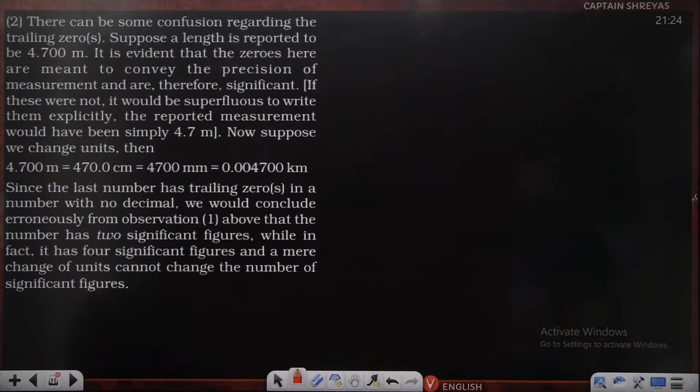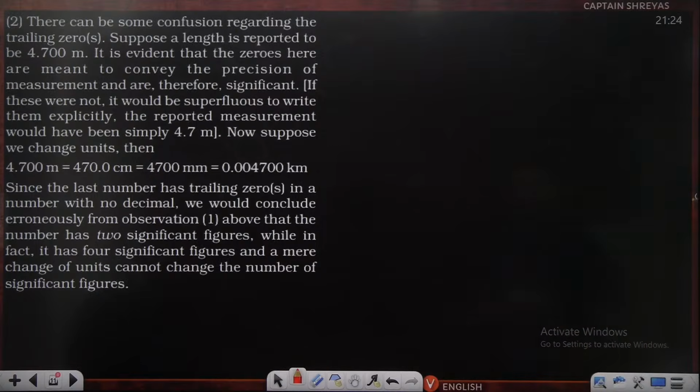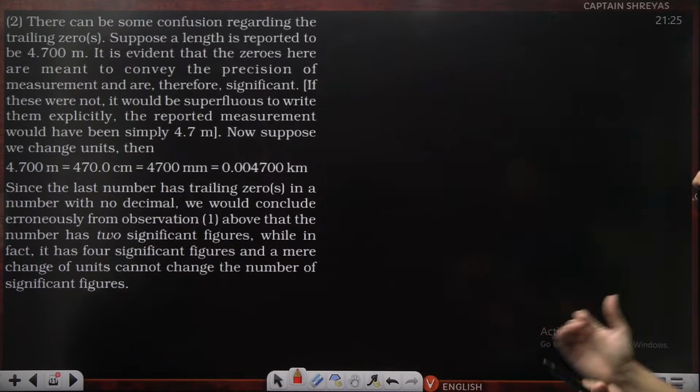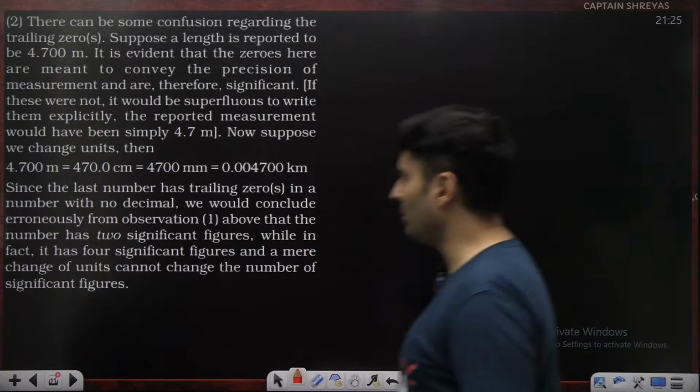The reported measurement would have been simply 4.7 meters. Now suppose we change the units. Since the last number has trailing zeros in a number with no decimal, we would conclude that there are only two significant figures, while in fact there are three, and a mere change of unit cannot change the number.